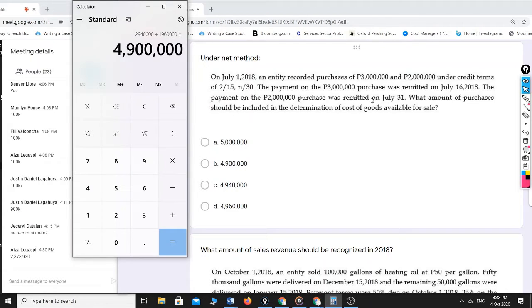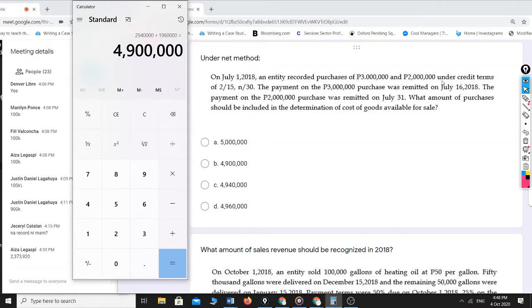Okay? So, if ato tong buhaton og journal entry, purchase discount forfeited, debit 40,000, and credit accounts payable. Since, of course, what you should pay is not the 1,960,000, but instead, the whole amount na 2 million. So, for this item, our answer under the net method is 4.9 million.